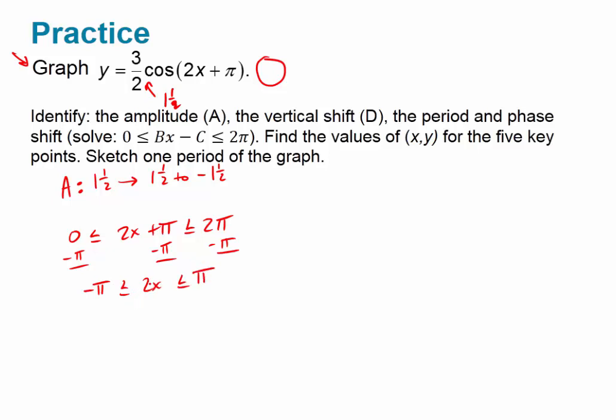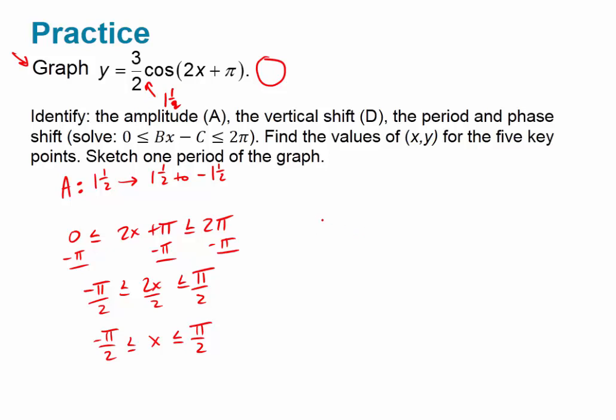I want to go through and divide everything by 2 now, or multiply by 1/2, either way. So it looks like my graph is going to travel from negative pi over 2 to positive pi over 2.